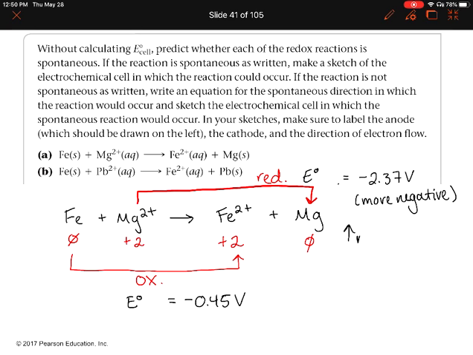If the potential is more negative, that means it's more likely to be oxidized. But we said that as written, magnesium is being reduced. So that conflicts with what we know from the potential values. So is this a spontaneous process or a non-spontaneous process? It's non-spontaneous as written.